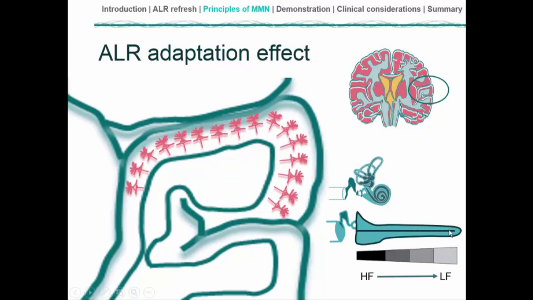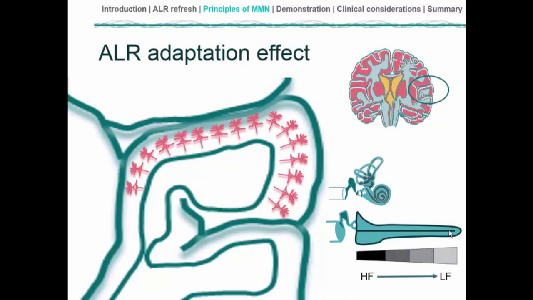And we know that the cochlea itself is tonotopically organized, where the regions on the basilar membrane that vibrate most readily to high frequency stimulation are located at the basal end, and then as we progressively move up through the cochlear partition towards the apical end, these regions get progressively more and more easily vibratory to lower and lower frequency stimuli.